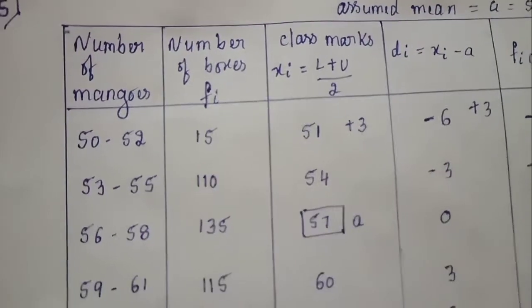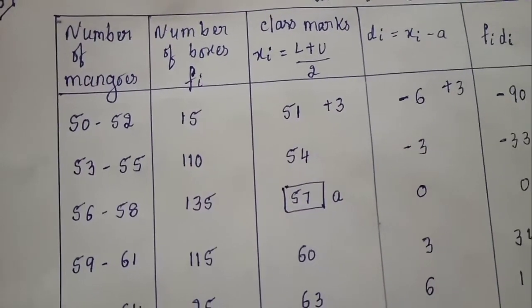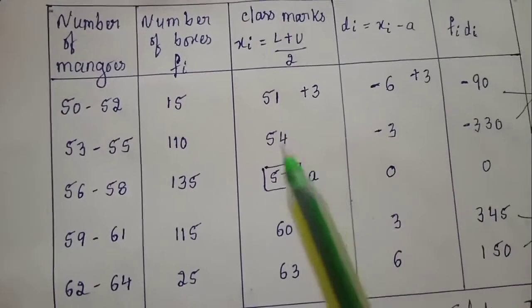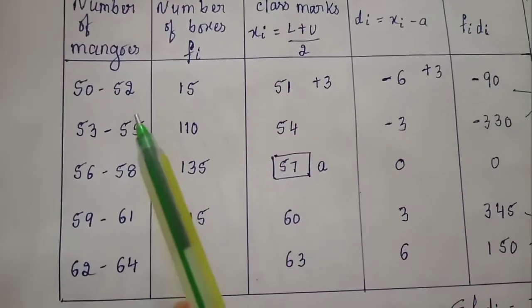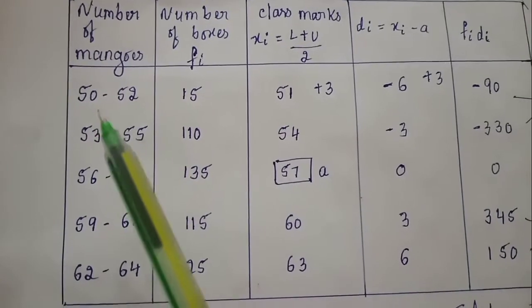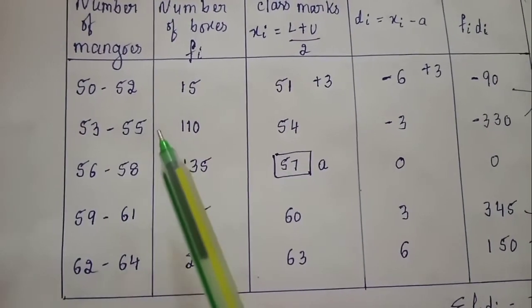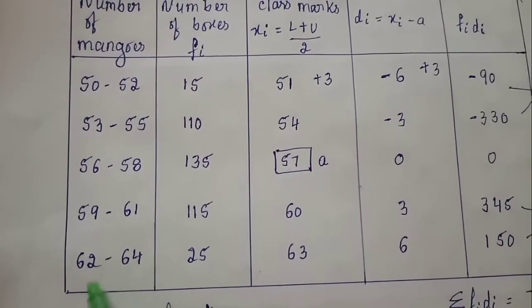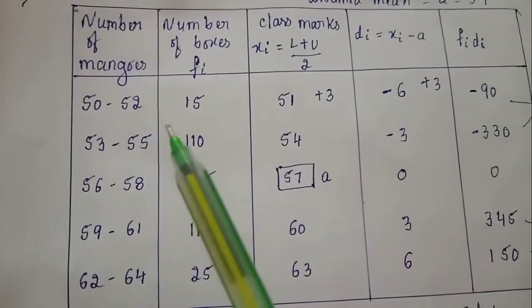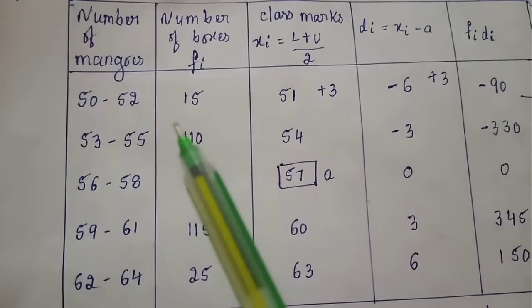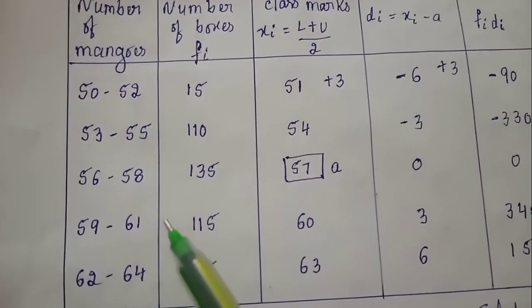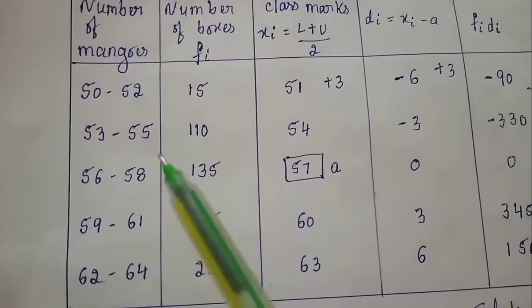So this is the question given, number of mangoes, that is class intervals, and number of boxes. You can see 50 to 52, 53 to 55, 56 to 58, 59 to 61, 62 to 64. In the introduction video, I explained that there are two types of class intervals, exclusive and inclusive.